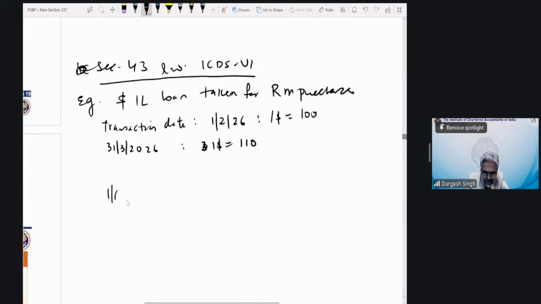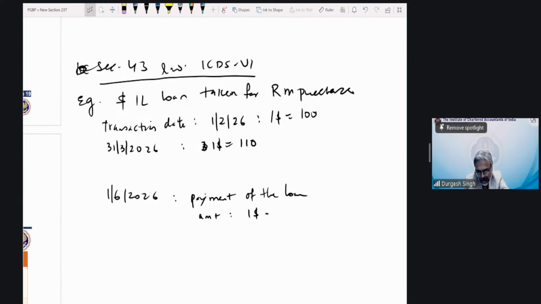Then on 1st June 2026, payment of the loan amount, $1 equals rupees 115.